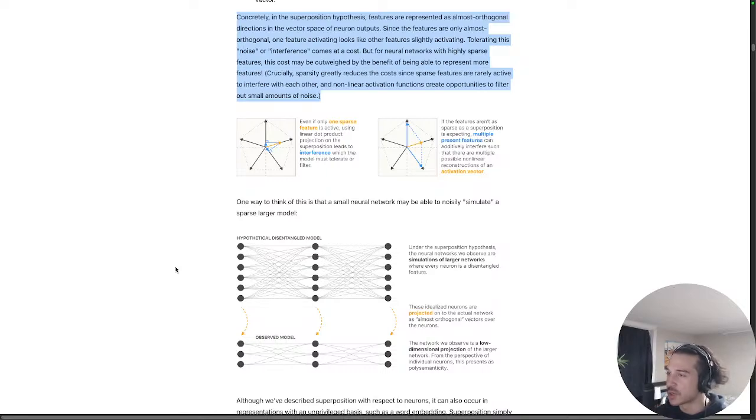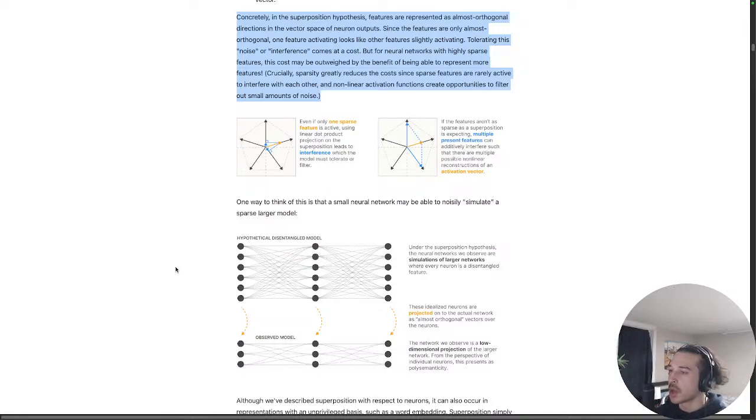Whereas in the last one, there was 1 line that was firing and 2 lines that were firing just a slight bit, so the interference was tolerable in that image. But in this new image, if the features aren't as sparse as the superposition is expecting, multiple present features can additively interfere such that there are multiple possible nonlinear reconstructions of an activation vector.